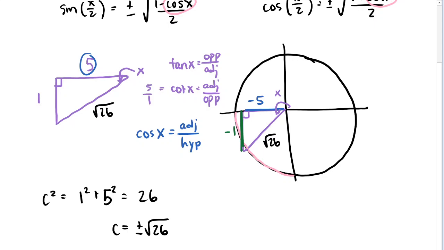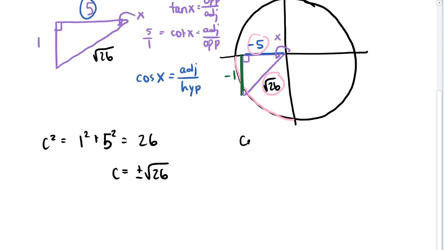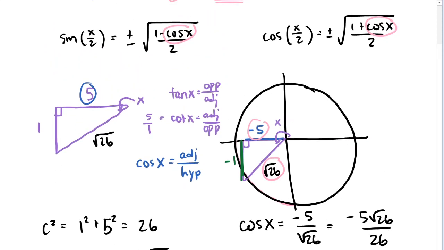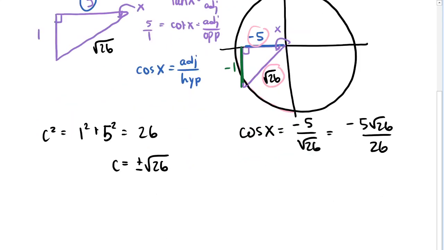Okay, so that makes cosine of x take this adjacent side divided by the hypotenuse, and so cosine of x is going to give us negative 5 over the square root of 26. And maybe I'll rationalize this. Now this is negative 5 square root 26 over 26. So that's cosine of x. And so if I want to evaluate sine of x over 2, I just need to plug that in. So here's sine of x over 2.